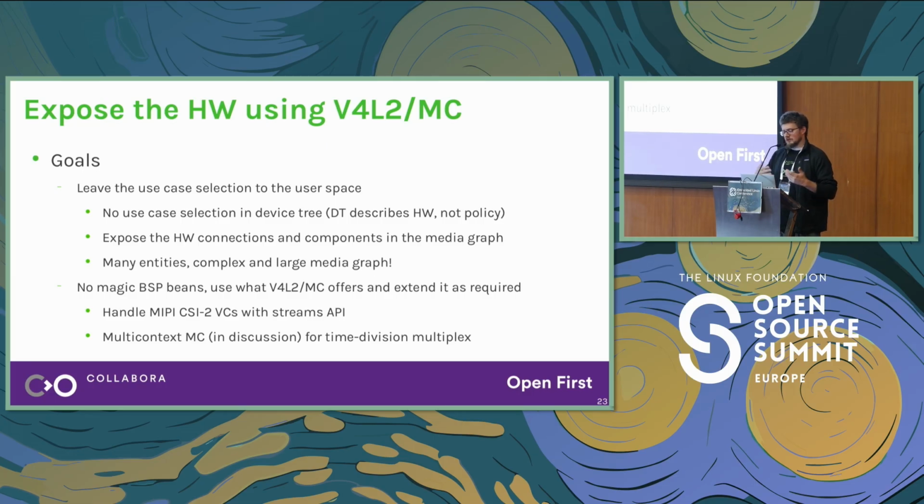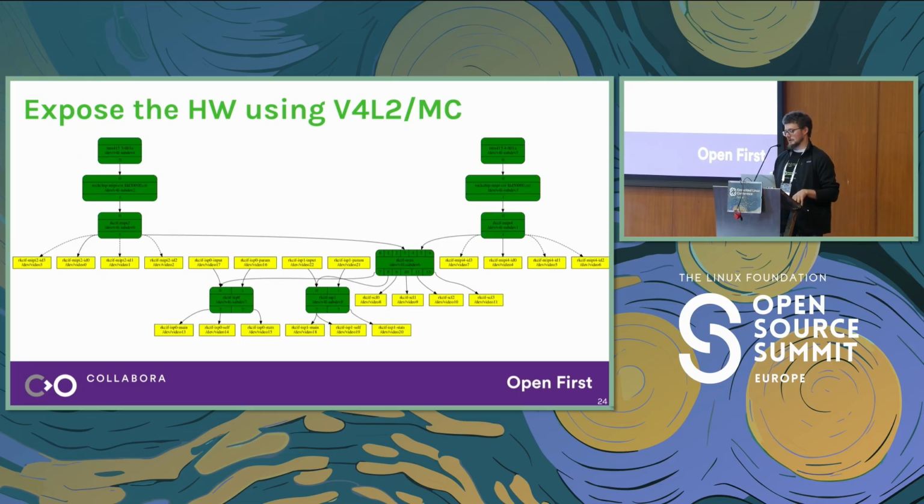Again, we have one large complex media graph, and then there is time division multiplex, as we mentioned. And fortunately, there is multi-context media controller in discussion, and this will at some point resolve the issue with time division multiplex. So, as I said, things are going to become complex at some point.